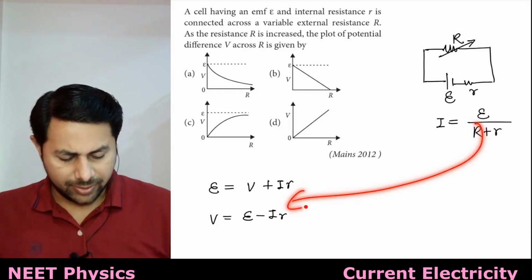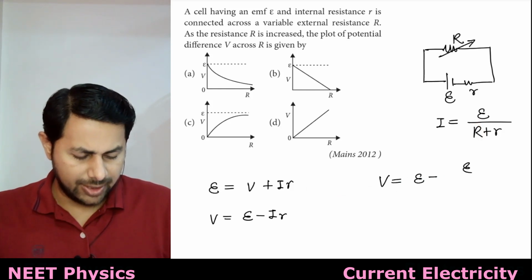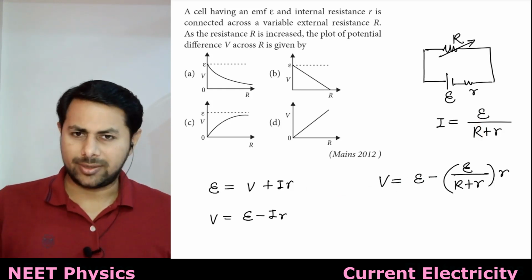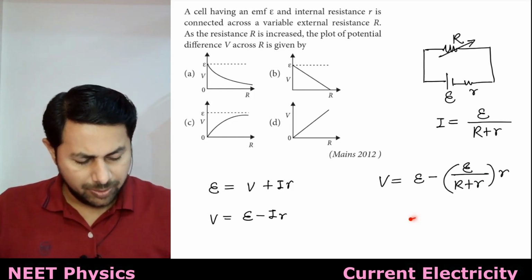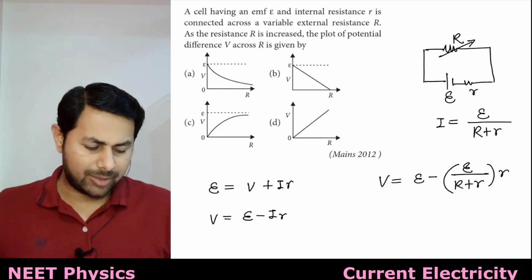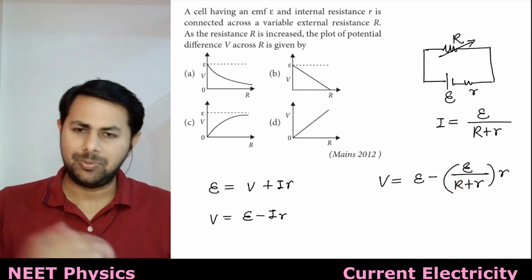Now you can put that over here. So what do we get? We get V is equal to E minus E divided by R plus r, multiplied by R, right? Now if you keep on increasing capital R, suppose you start from 0 and you increase it to infinity.